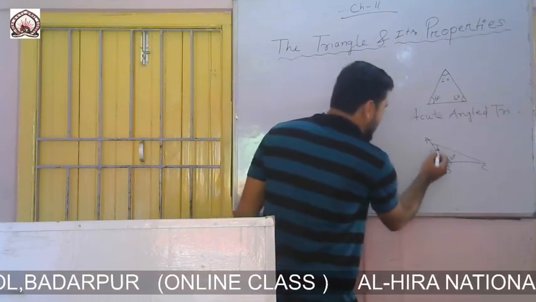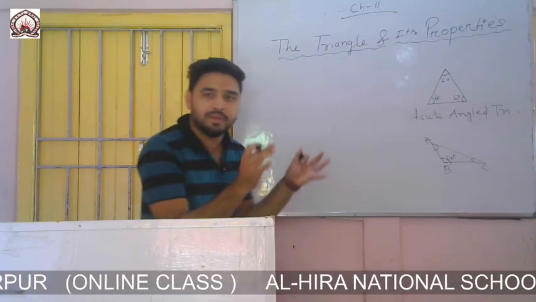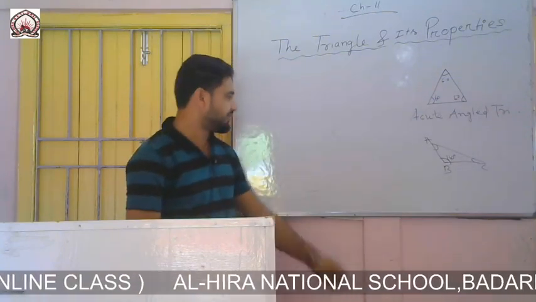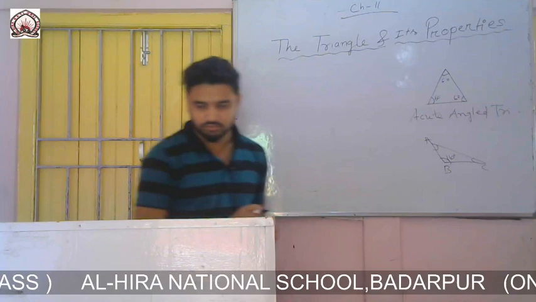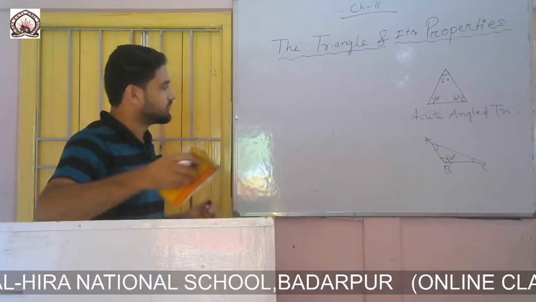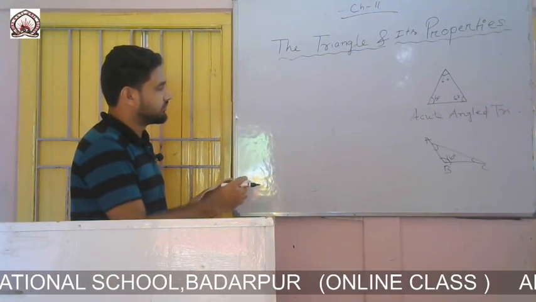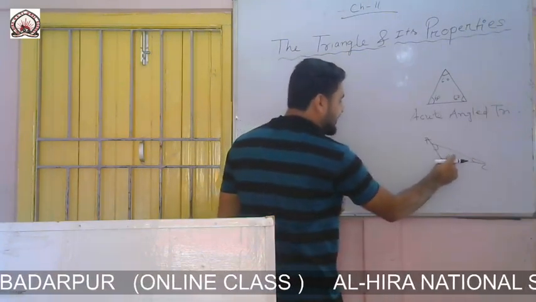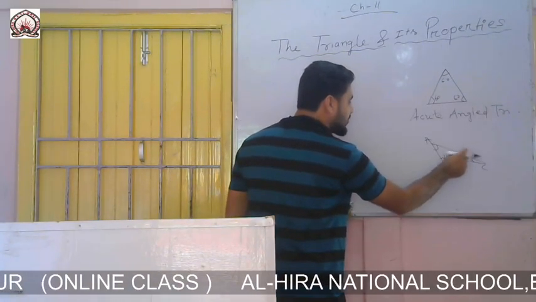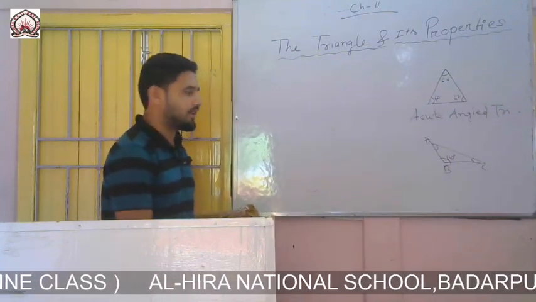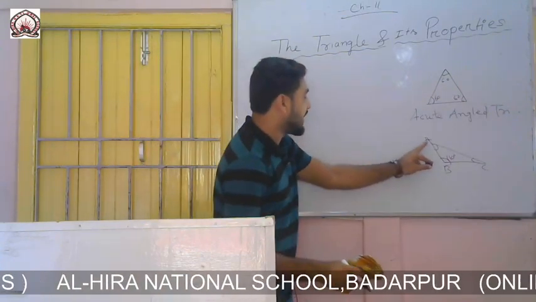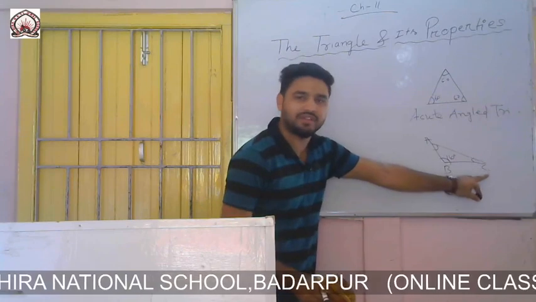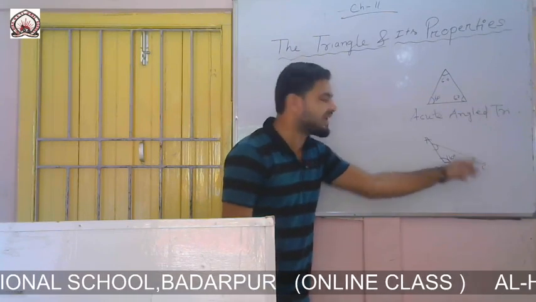But the other two angles will always be acute angles. That means the measurement of angle A and angle C will be less than 90 degree.